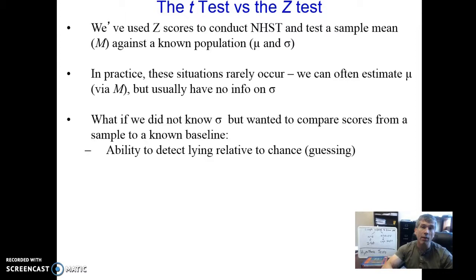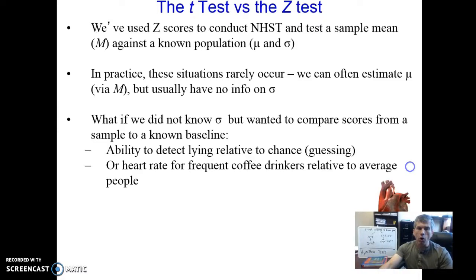Half of them are true, half of them are lies, and they have to try to assess which is which. Here's the thing about that. You can't just measure how many they get right, because if they just flipped a coin or used pure random chance, you'd expect them to get about half of their guesses right. Half are lying, half are telling the truth. If you guess every single time, you're going to get about 50% of your guesses right. So we have to compare it to that baseline, our chance standard. If we just purely guess, the mean correct responses would be 50%, but we have no idea what the variability would be.